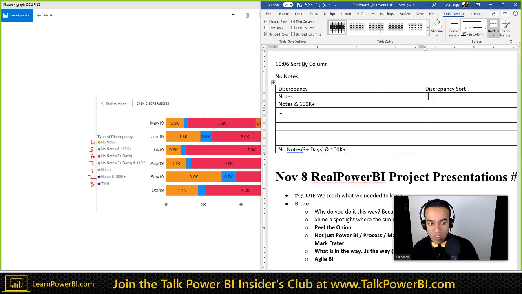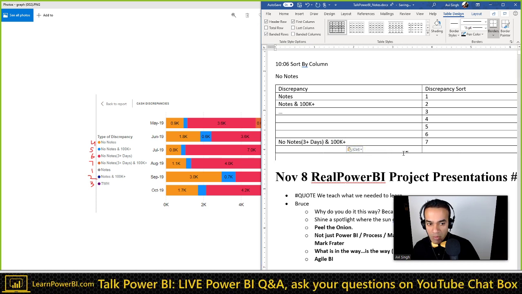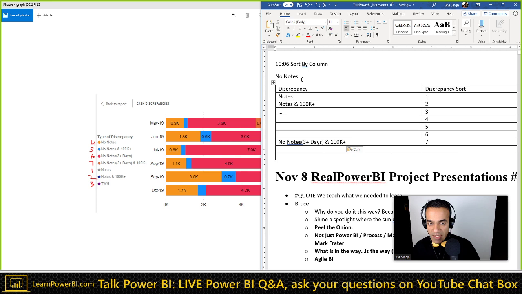And then you would just say 1 2 3 4 5 6 7. So I would create probably a table like this, a separate table, and then merge it with wherever this data is being shown.